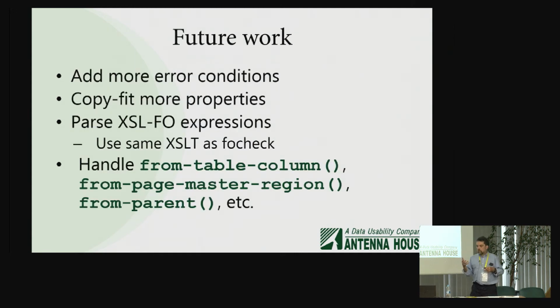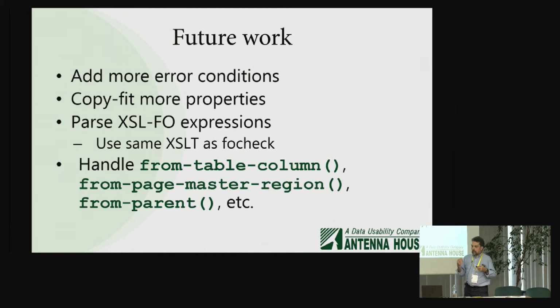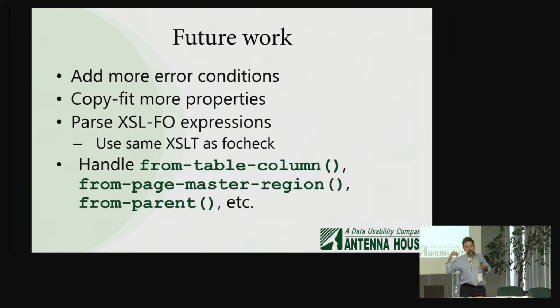So future work for this would be to add more error conditions, more properties that can be copy fit, and to do more to parse the FO expressions. Right now, you've seen it matching on property values, but almost all properties in XSL-FO can be actual expressions, and there's a parser for FO property expressions written in XSLT that's included in the FO check framework in Oxygen.